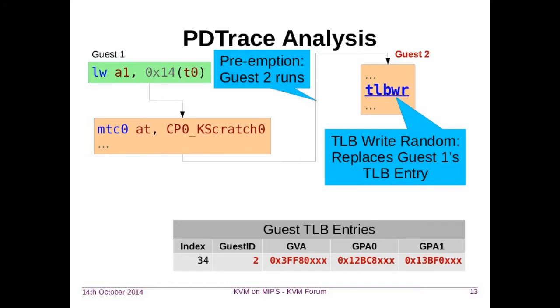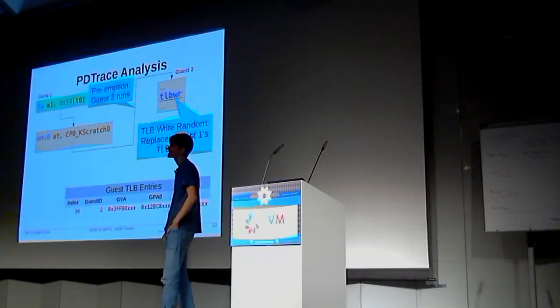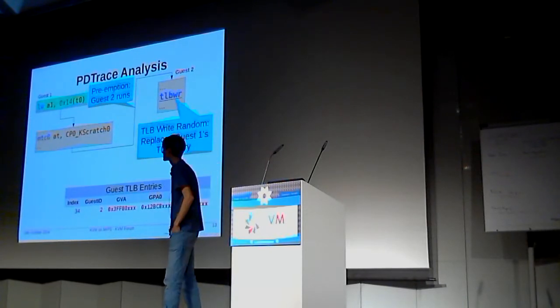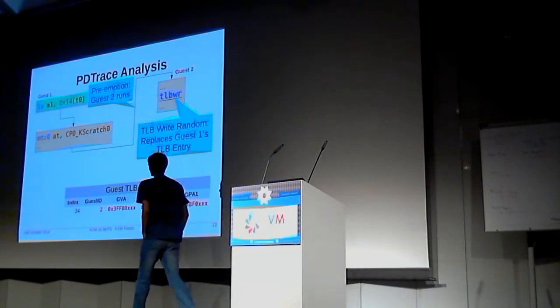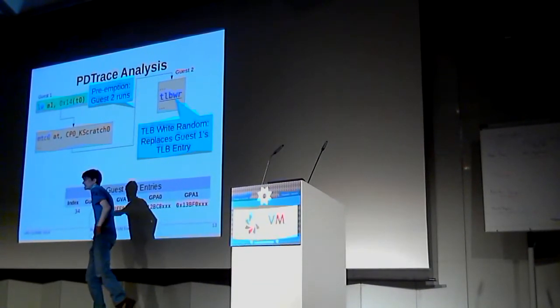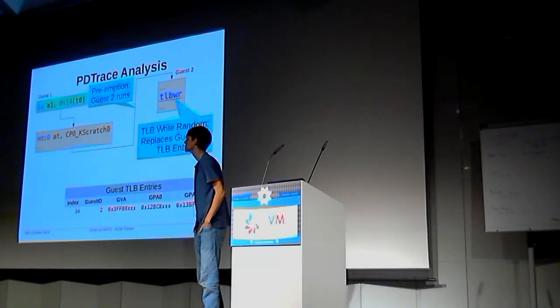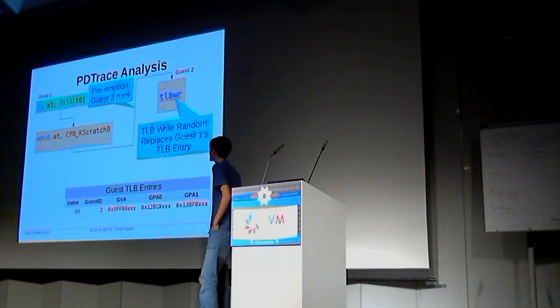However, at this point, the guest was preempted, and another guest was allowed to run. The other guest eventually wrote a TLB entry, which happened to use the exact same TLB entry as the first guest. You'll notice the guest ID changed to 2, and any TLB entries that belong to another guest will appear to be invalid to the first guest.